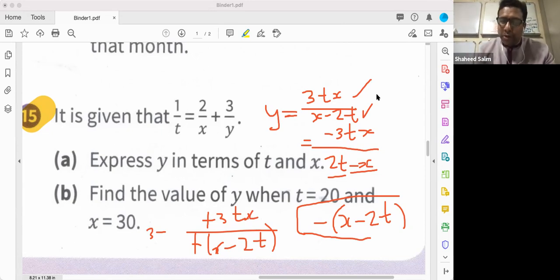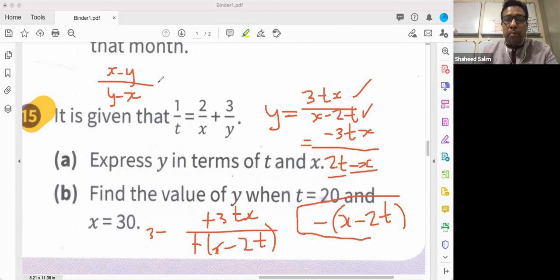Why am I showing you this? In case sometimes you see an equation like this. Example, x minus y, and then yours is y minus x.